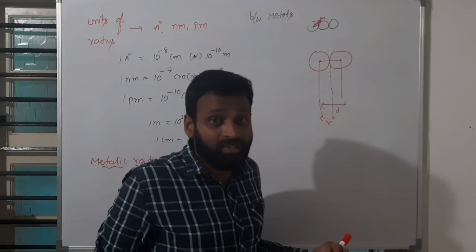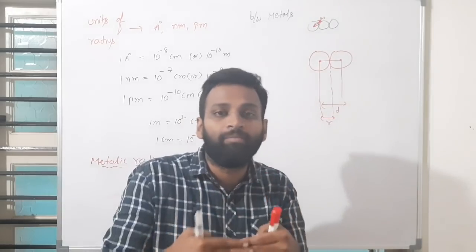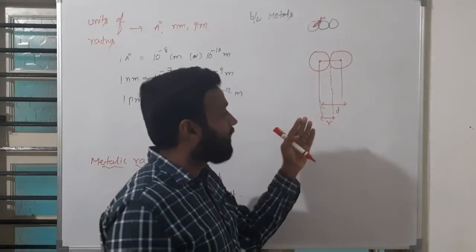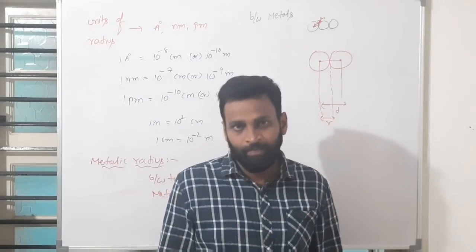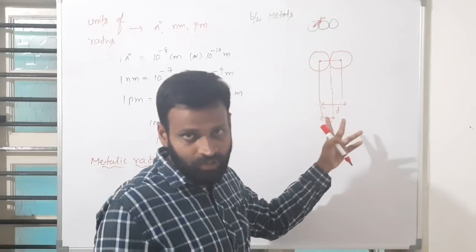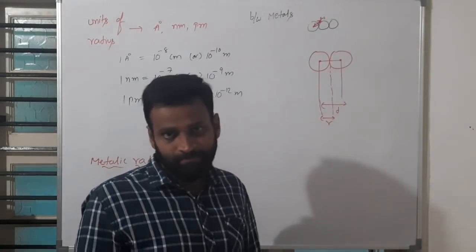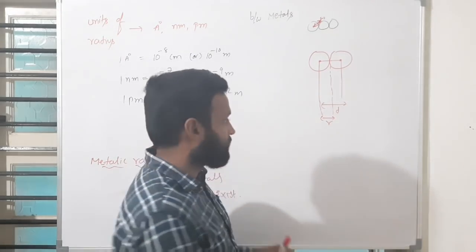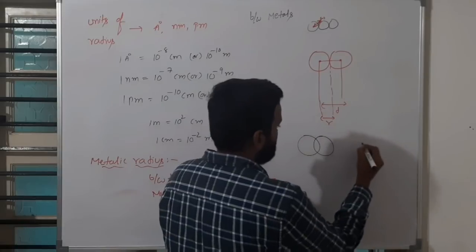But what is the difference? There, it is half of the internuclear distance between two covalently bonded atoms. But here, two atoms which are metals; between those two metals, half of the internuclear distance we consider as metallic radius. Getting? So this is the difference between metallic radius and covalent radius.